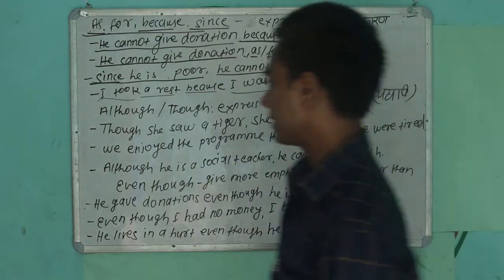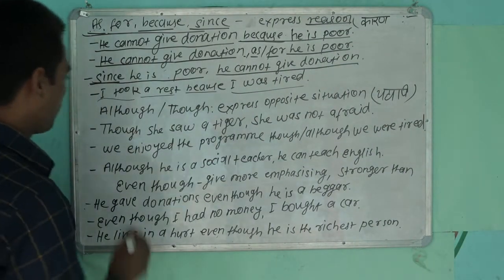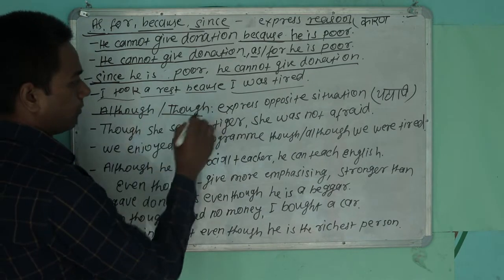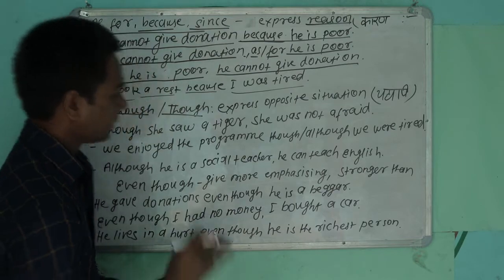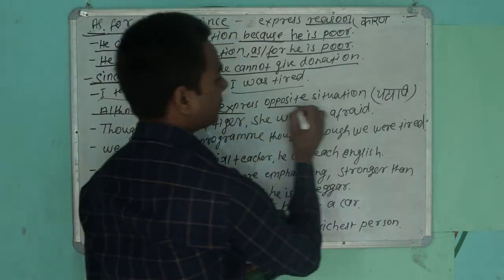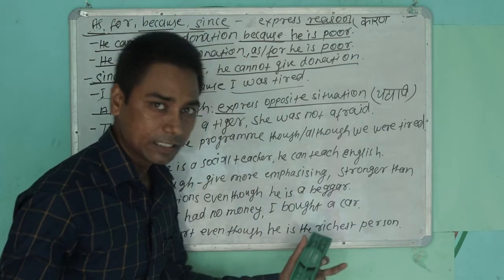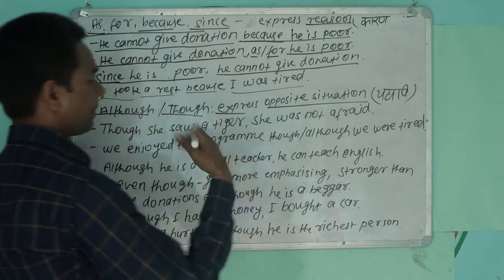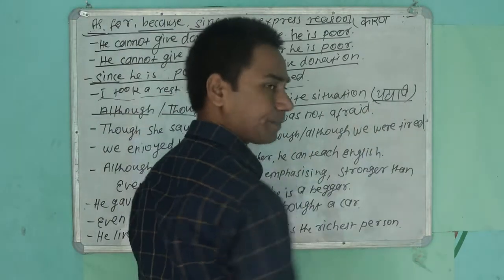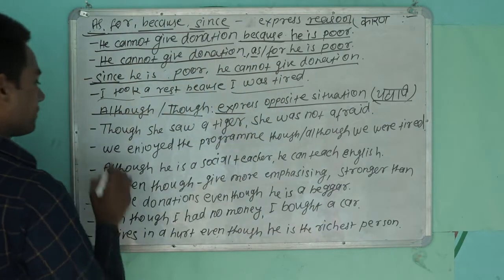Yeah. Okay. Now next we have although, though. It means although and though they are similar, they express opposite situation, contrasting situation they express. In Nepali it is called yadhapi. Yeah, look examples.